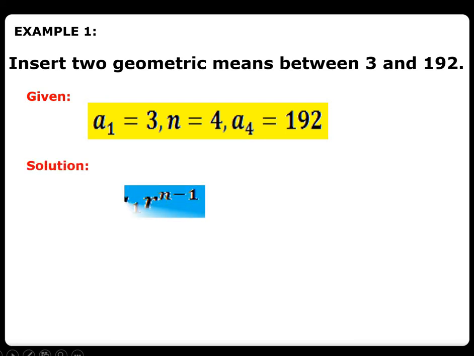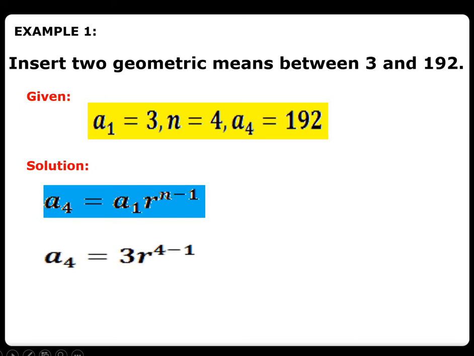So let's have the solution. Using the formula for the geometric sequence, a sub 4 is equal to a sub 1 times r raised to n minus 1. By substitution, we have a sub 4 is equal to 3, which is your a sub 1, r is the constant, and n is 4 minus 1.